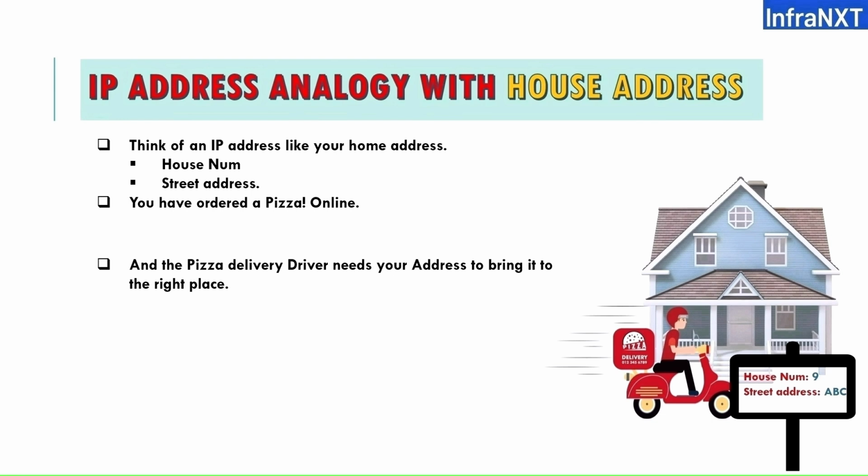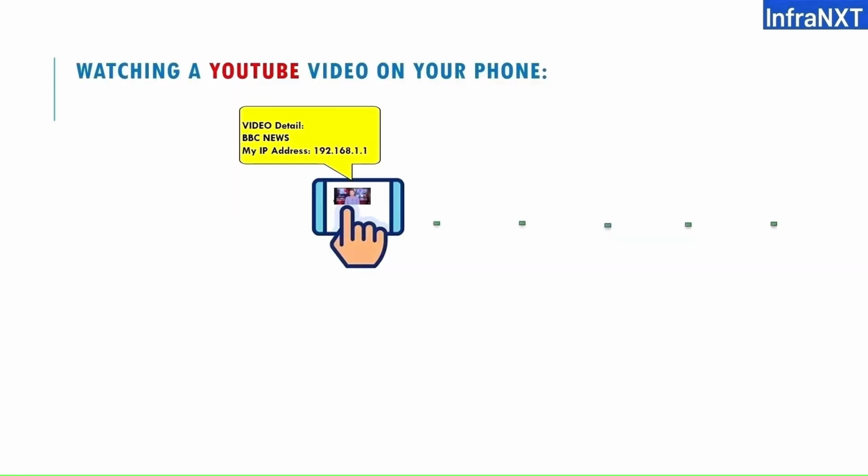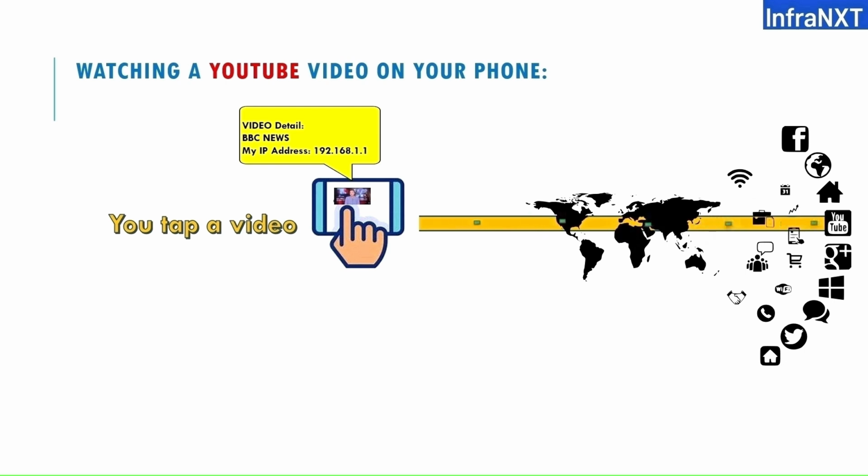Similarly, let's take another example. Here, I am taking a real use case of IP address. Consider you're watching a YouTube video on your phone. You have tapped a video and you want to watch BBC News.